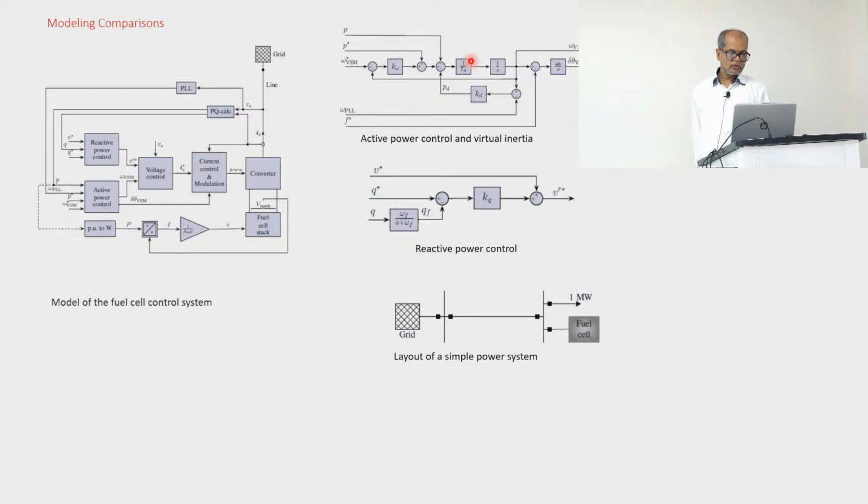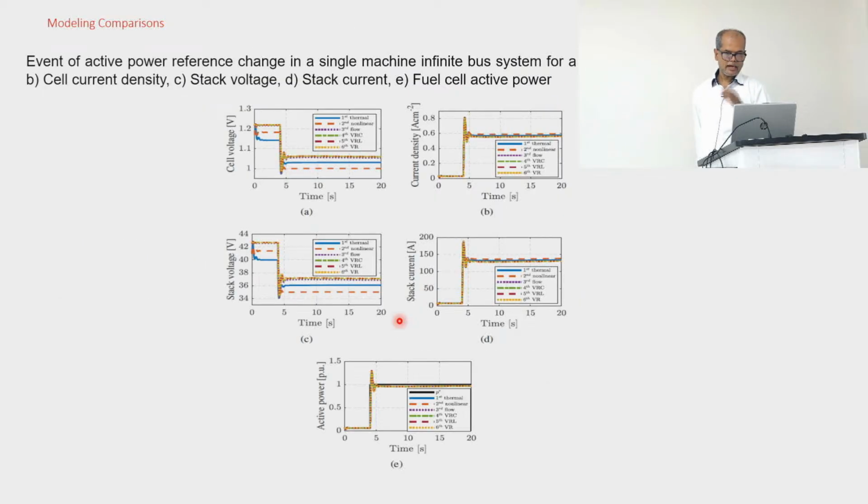We are going to talk about all of them later, but what I am saying is that we used all the control, and initially we just tried a very simple model, a single machine to infinite bus, and looked at the difference with that simple model.